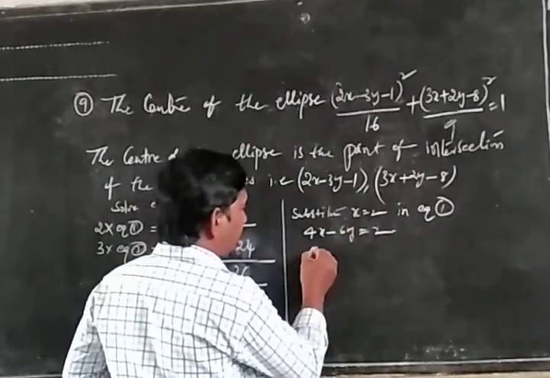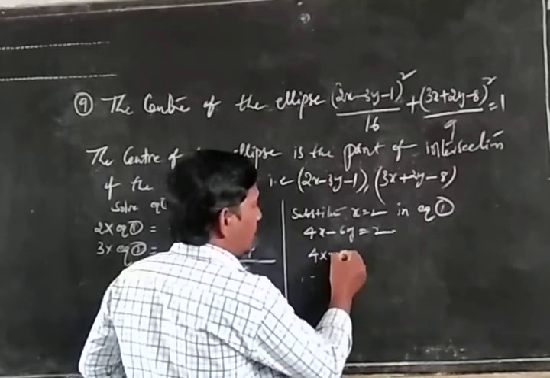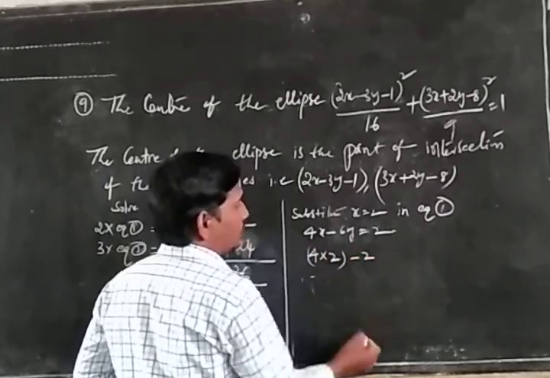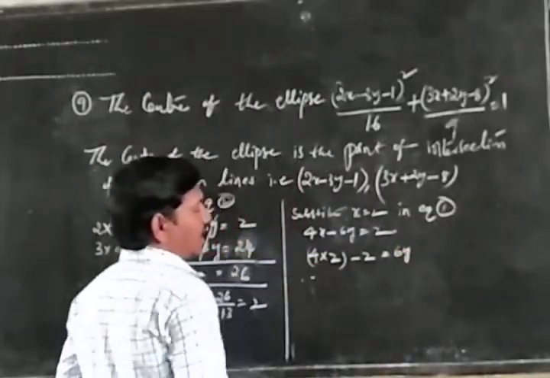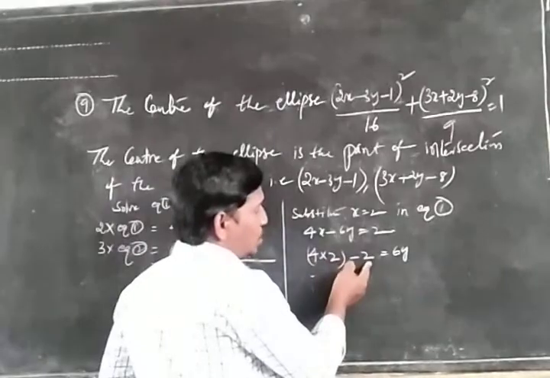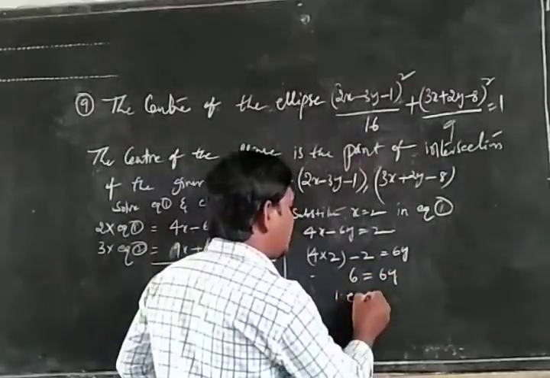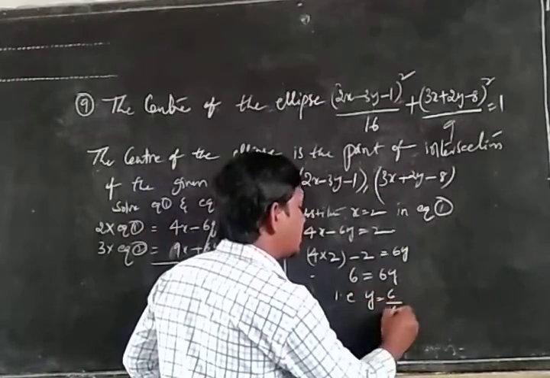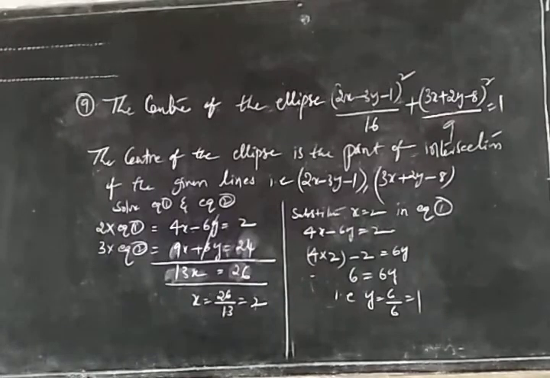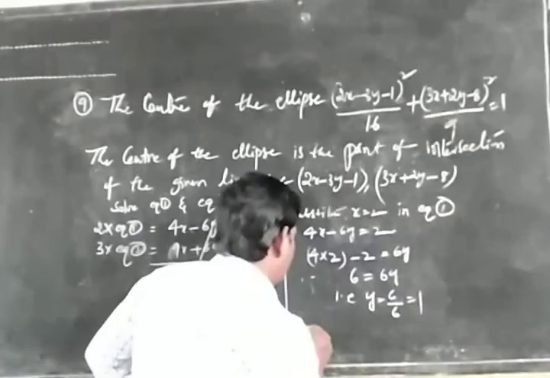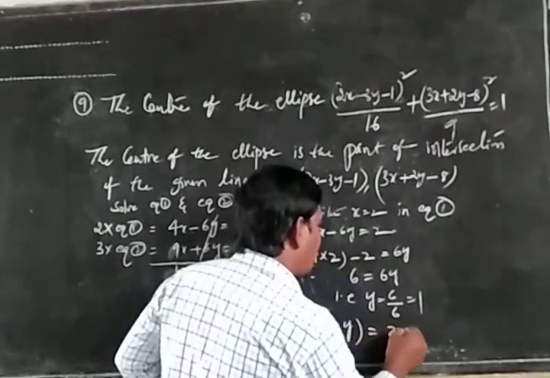Now 4 into 2 minus 2 equal to 6y. 4 2s are 8, 8 minus 2, 6. 6 equal to 6y, so y equal to 6 by 6, that is 1. So x equal to 2, y equal to 1. Here x comma y equal to 2 comma 1.